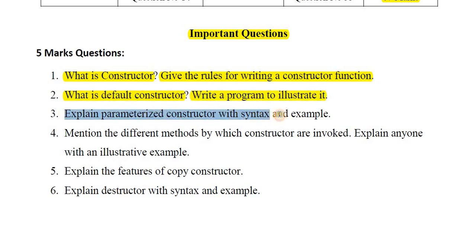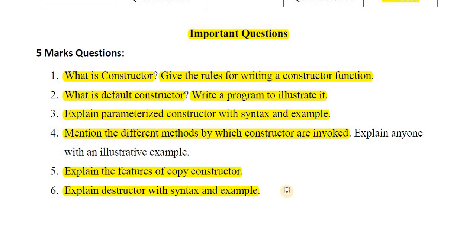Explain parameterized constructor with syntax and example. Mention different methods by which constructors are invoked. There are 3 methods: implicit, explicit, and using assignment operator, and you have to explain any one. Then explain the features of copy constructor. Explain destructor with syntax and example. So these are some important questions from this 9th chapter.